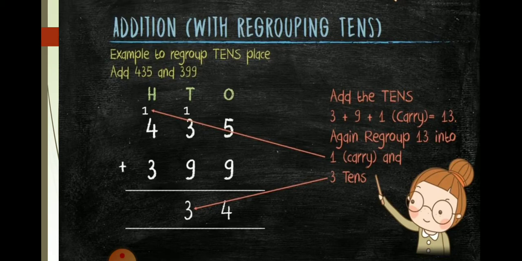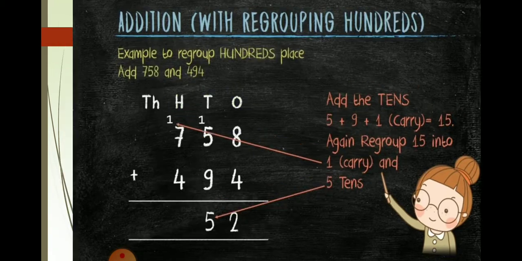Now let us see another example to understand regrouping with hundreds. Here we are going to add two numbers 758 and 494. We will write the numbers according to the place value in the column. 7 goes below 100, 5 goes below tens, 8 goes below ones.